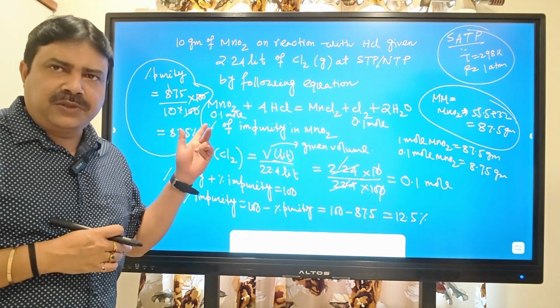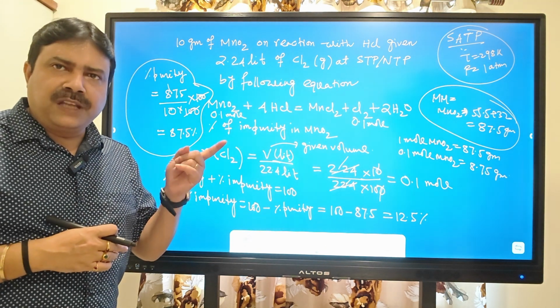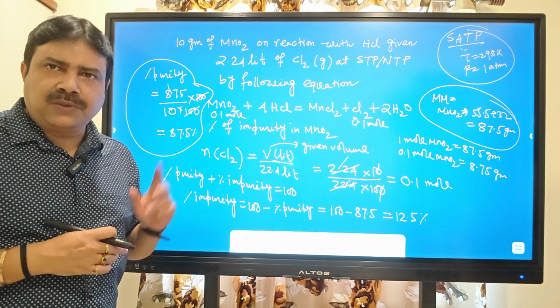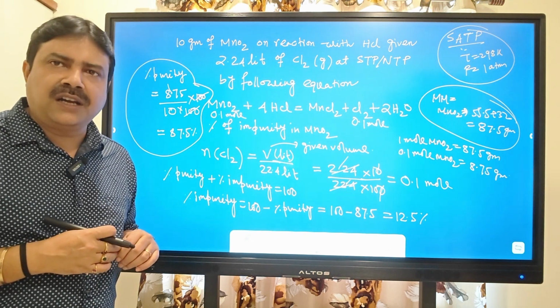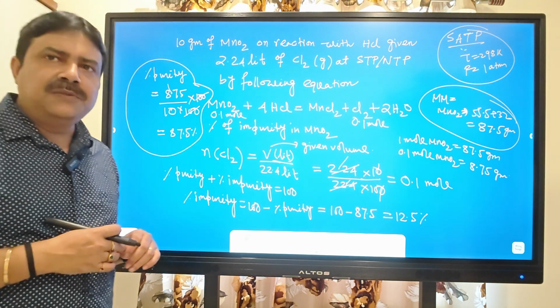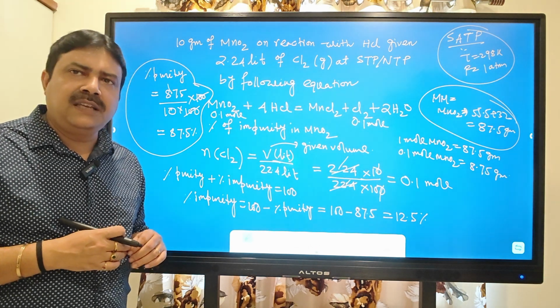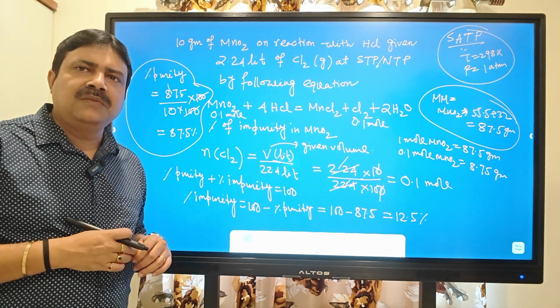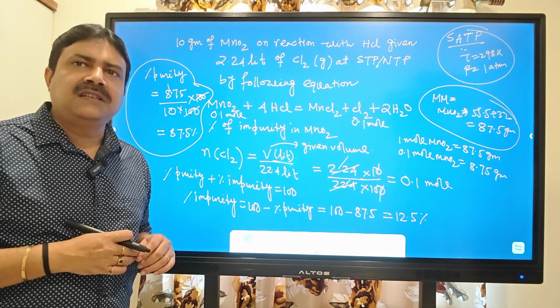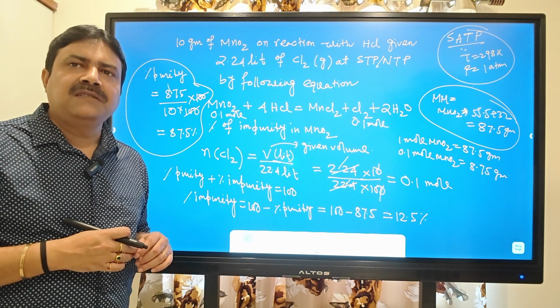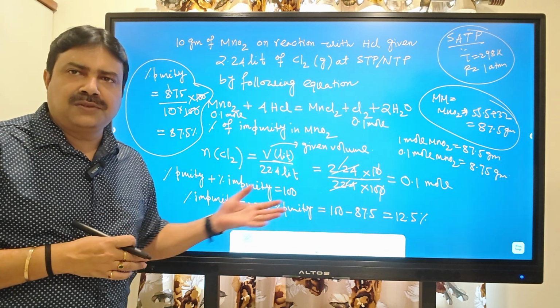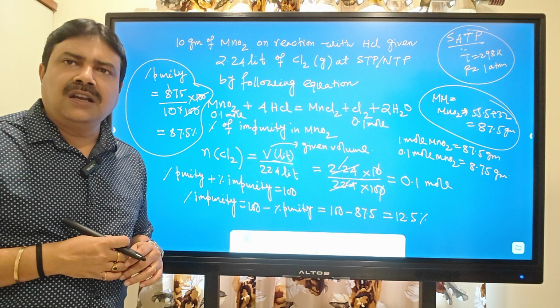Then percentage purity we calculate: 8.75, which is really reacted, with respect to the amount given, which is 10, into 100. We got percentage purity 87.5. Then 100 minus percentage of purity is the percentage of impurity. We got it, which is 12.5. Is it clear or not?